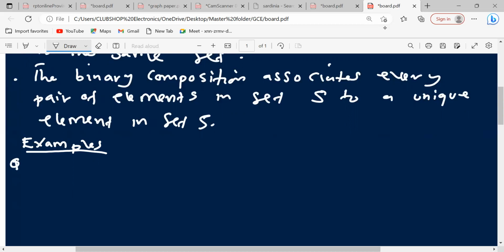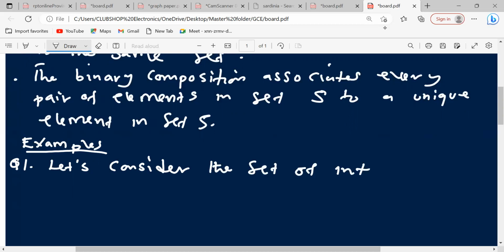Maybe this is our first question. Let's consider the set of integers as our non-empty set.